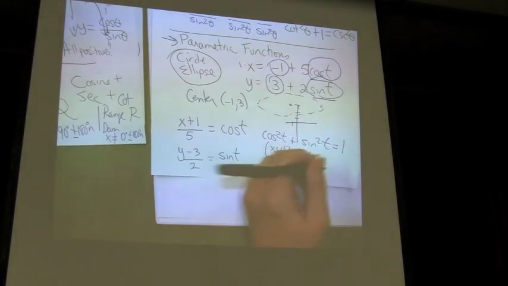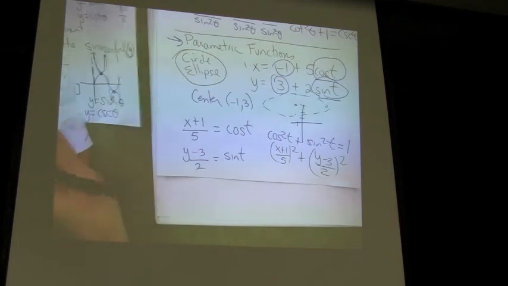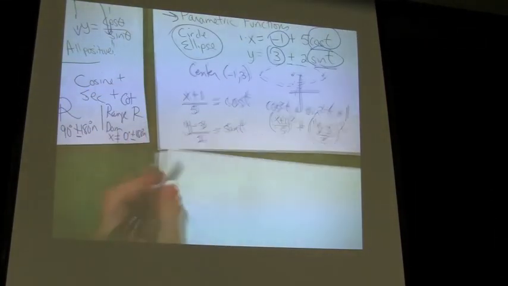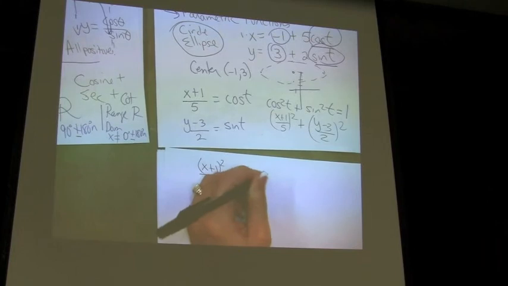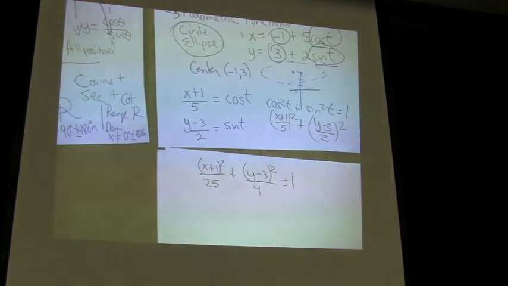Y minus 3 over 2, and we square it, exactly. And when we're done, we basically get x plus 1 quantity squared over 25 plus y minus 3 quantity squared over 4 equals 1. And there's that ellipse we knew was going to be there.